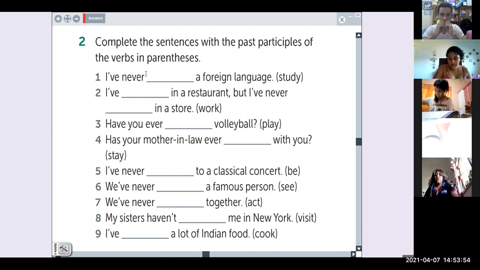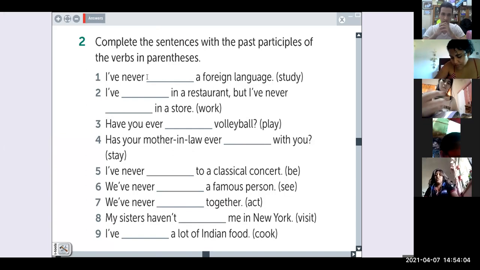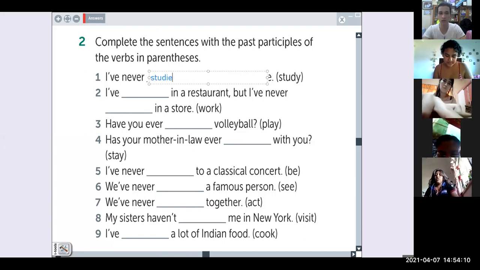I never foreign language. And the verb? What verb did you use here? No sé cómo pronunciarlo. Ok, yo le voy a decir la oración y usted la va a repetir.